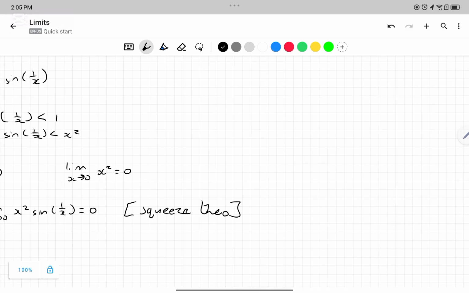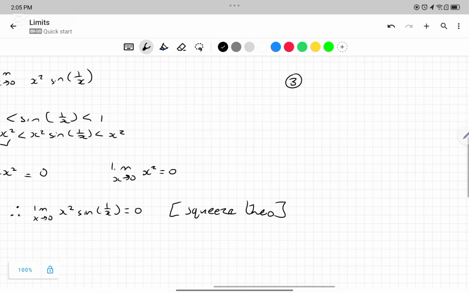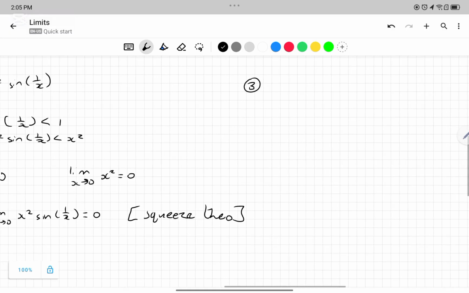And then number 3 says limit as x approaches 2, x squared minus 2 all over x plus 2.